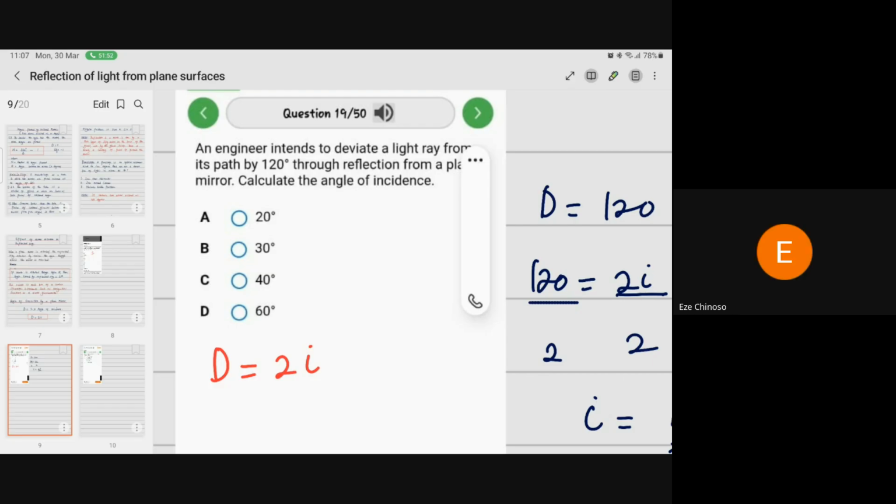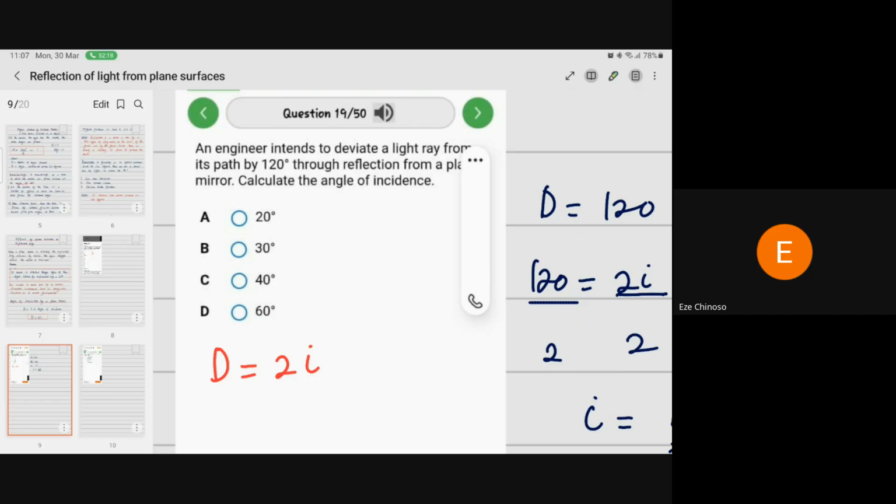So maybe the 2i is for angle of rotation, because you said that deviation for rotation is equal to 2 theta. Yes, that's better. Deviation should be equal to 2 theta.